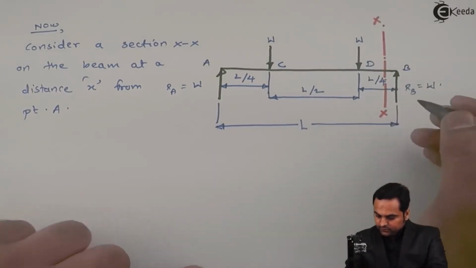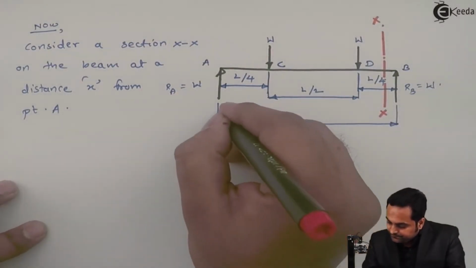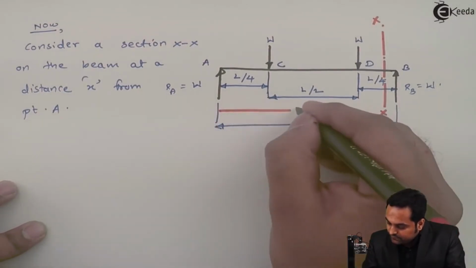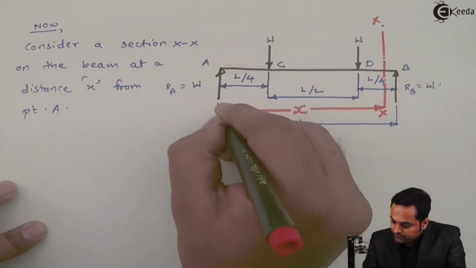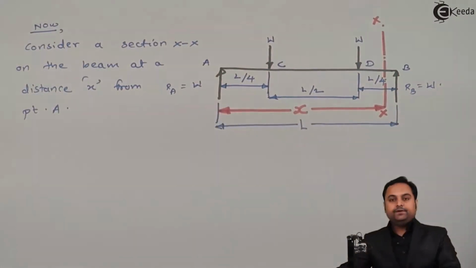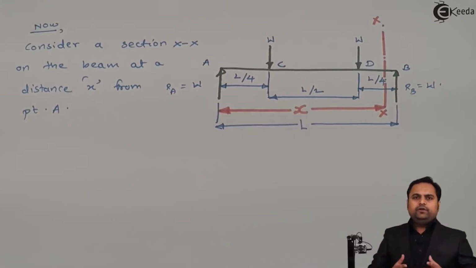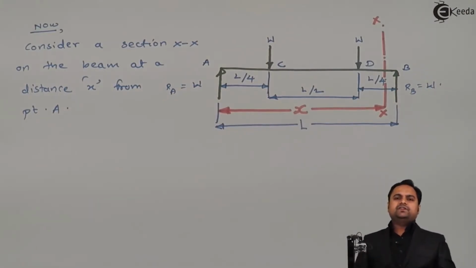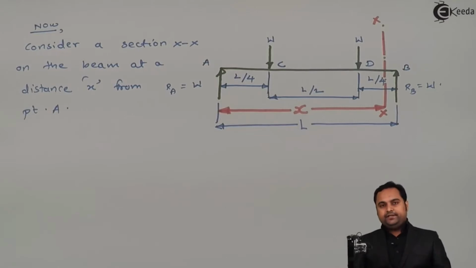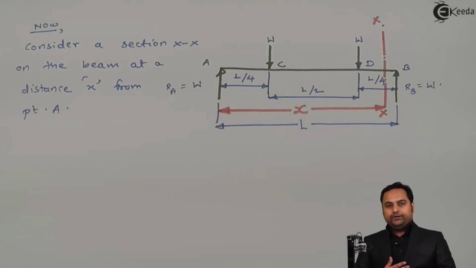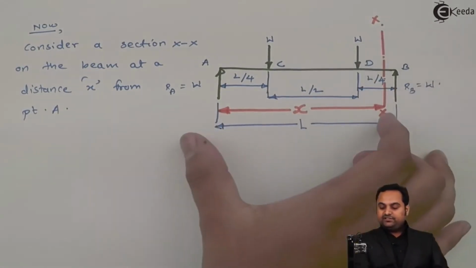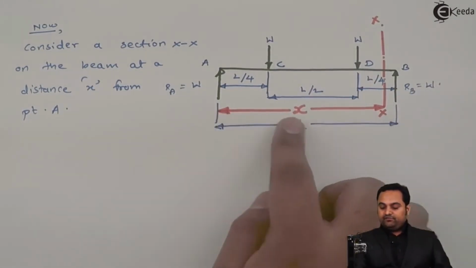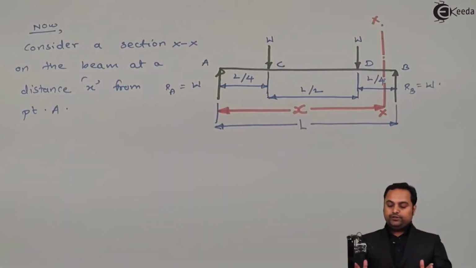While solving by Macaulay's method we have to take a section far away from point A and close to point B. So here I have taken the section XX at distance x from point A, far away from A and close to point B. Such should be the location of the section.